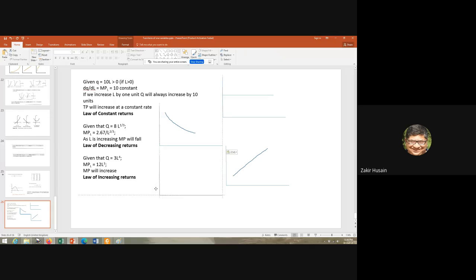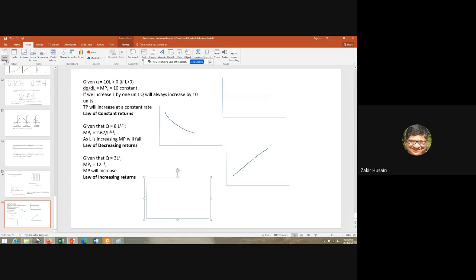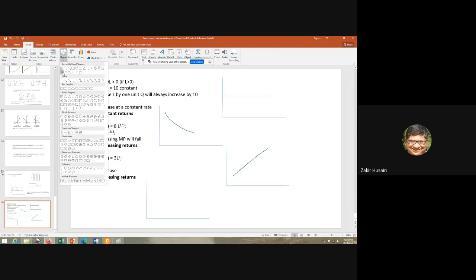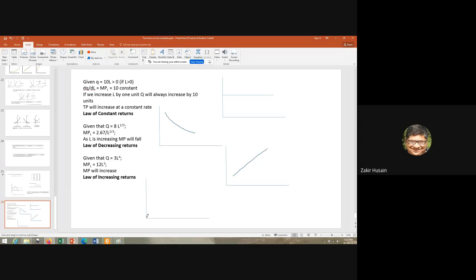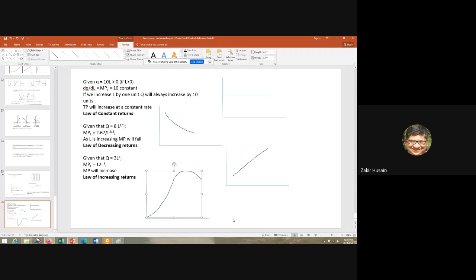Now, if you want to combine the three laws, I'm drawing the total product now. It is going to be like this.